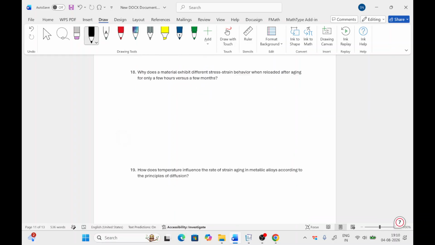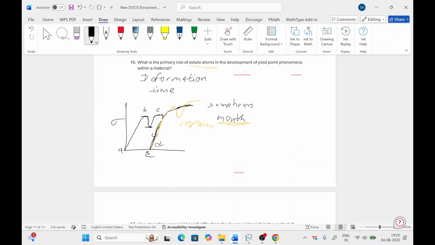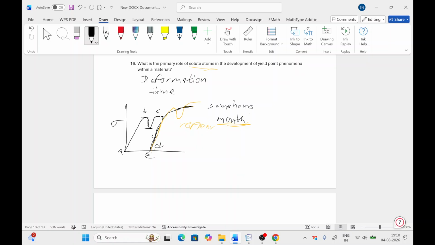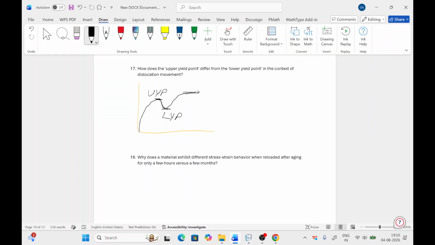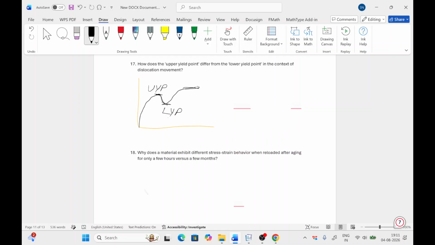The next question is, why does a material exhibit different stress-strain behavior when reloaded after aging for only a few hours versus a few months? I discussed in the 16th question that the solute atoms will again lock the dislocation core, and because of the locking of dislocations, the yield point phenomenon reappears after months.